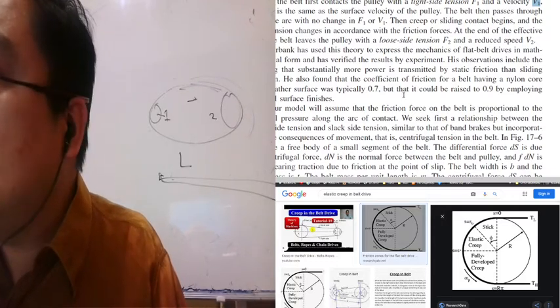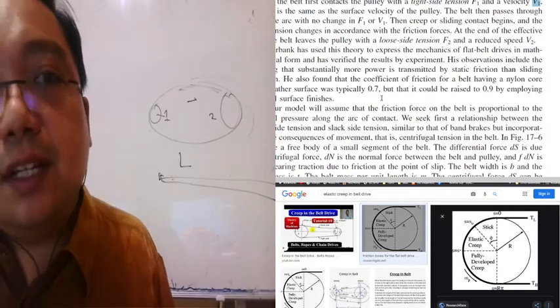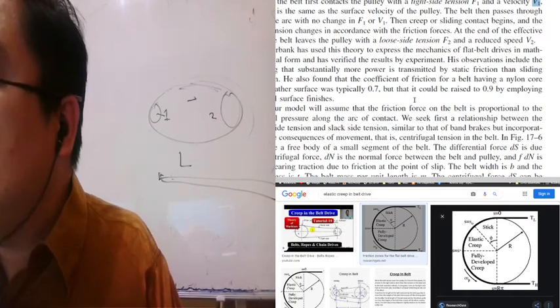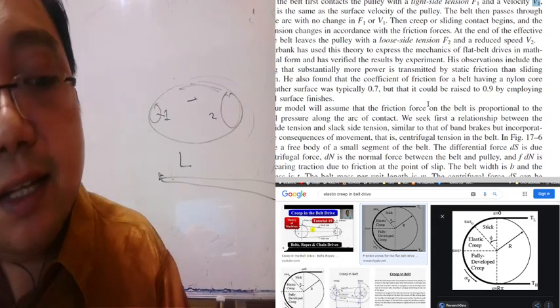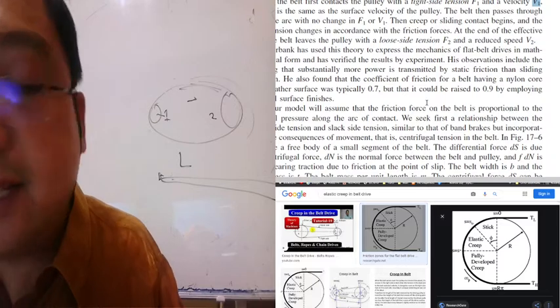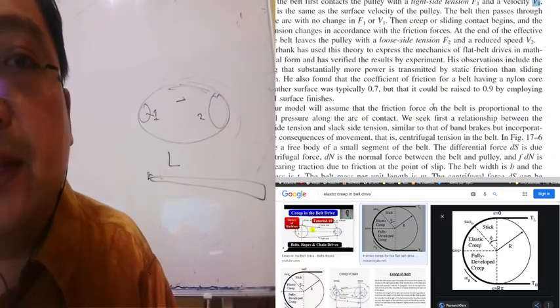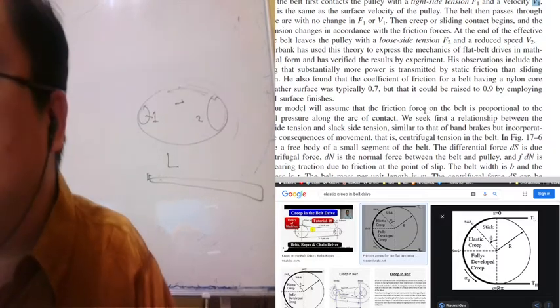He also found that the coefficient of friction for a belt having a nylon core and leather surface is typically 0.7, but that can be improved by 0.1 by employing a special surface finish. Ideal is 1.0, but nothing is ideal.